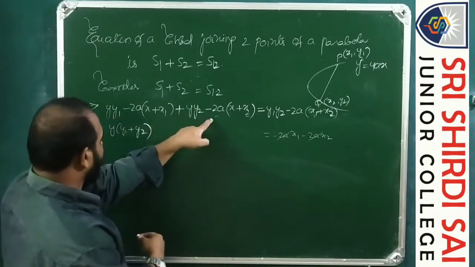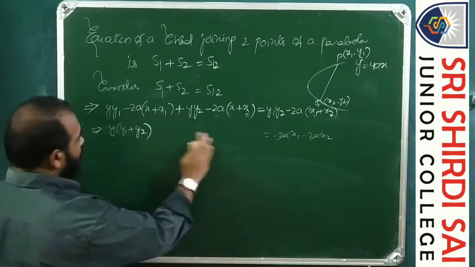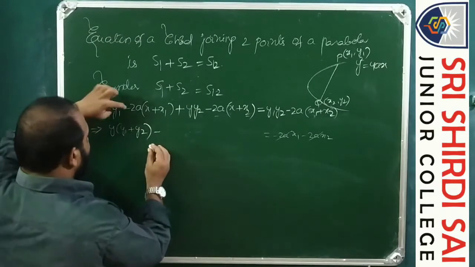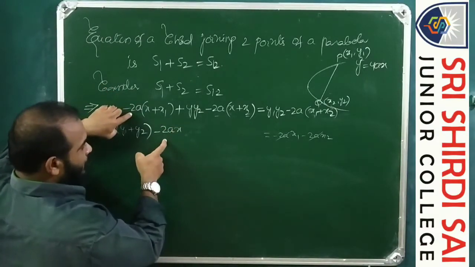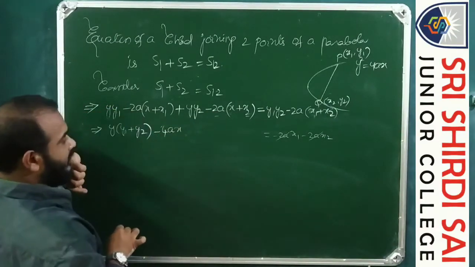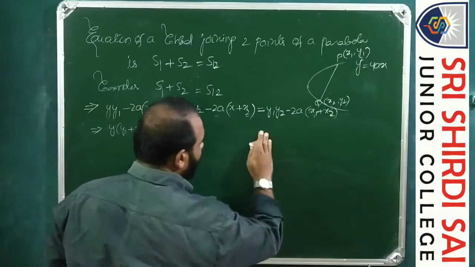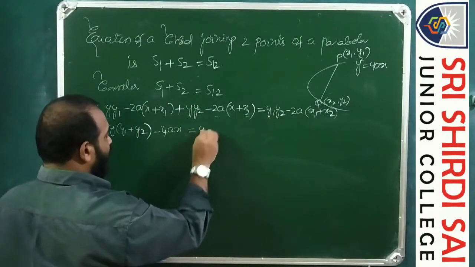If you take y common, y1 plus y2. So here minus 2ax, minus 2ax, so minus 4ax is equal to y1 y2.